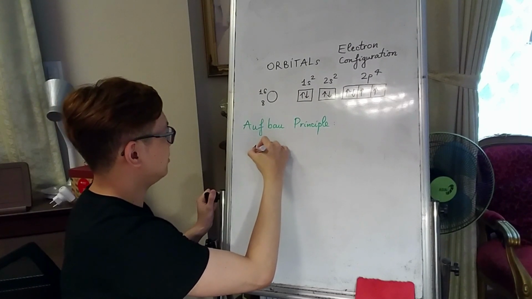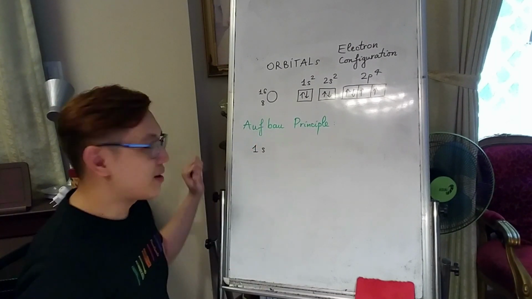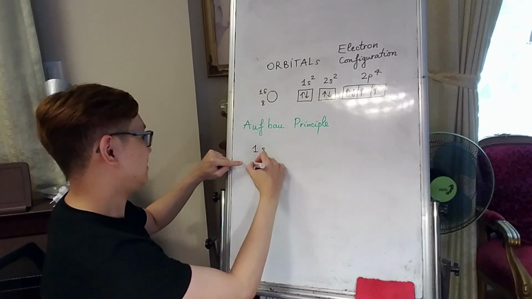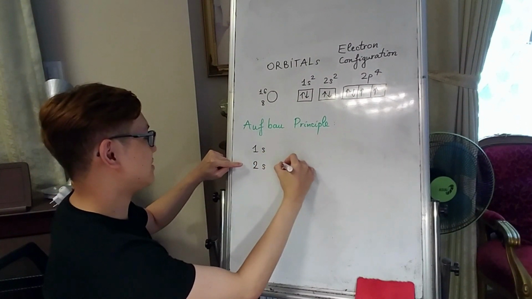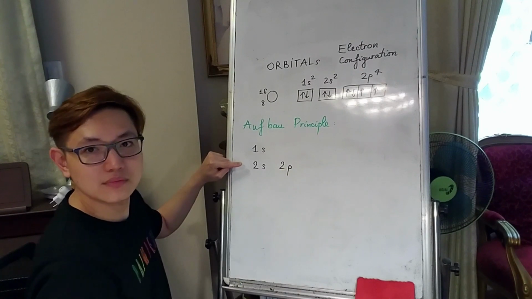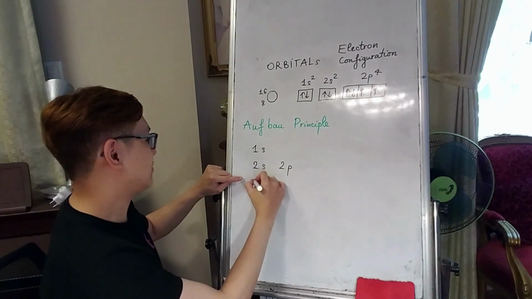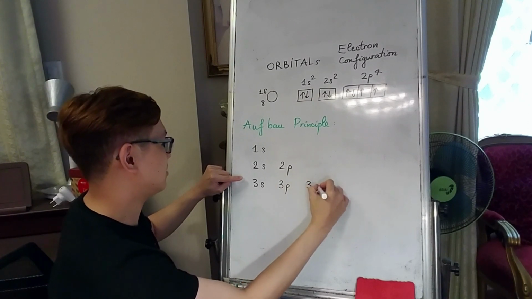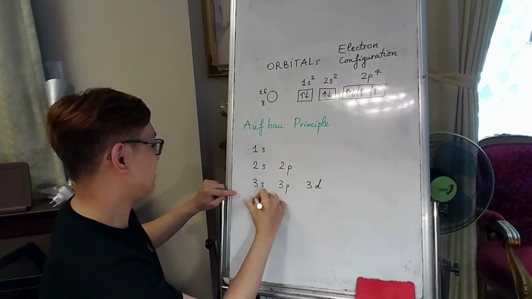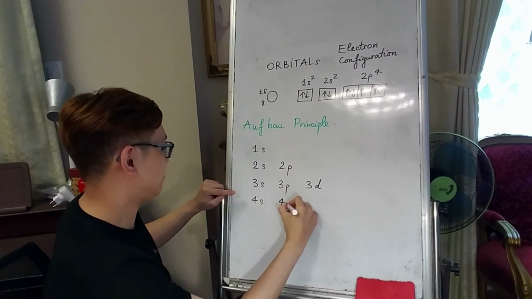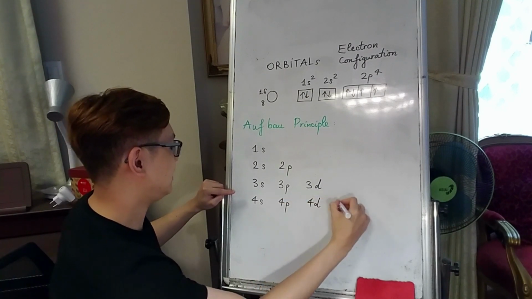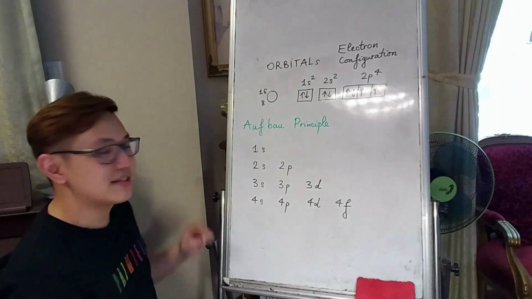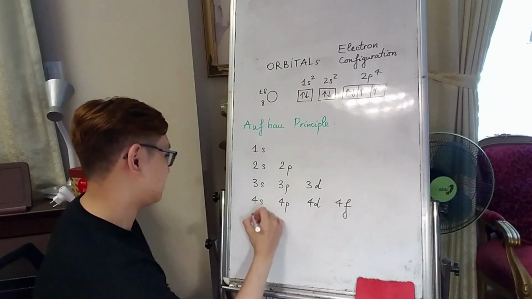So first, you write it down. The first shell has only one s. The second shell you have 2s and 2p. And of course the third you have s, p, and d. Makes sense, right? And the fourth you have s, p, d, and f. It's just going to go on until 7.